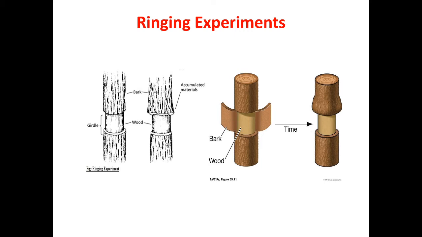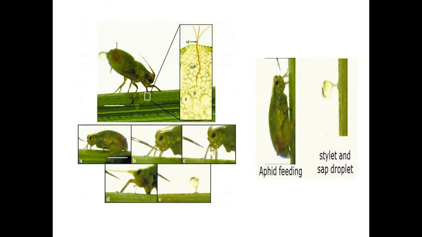In the same way, the next experiment is the analysis of sap from aphid stylets. Aphids are insects. They draw sugary phloem sap. All the sugars are translocated through phloem, so the phloem is rich with sugary substances.